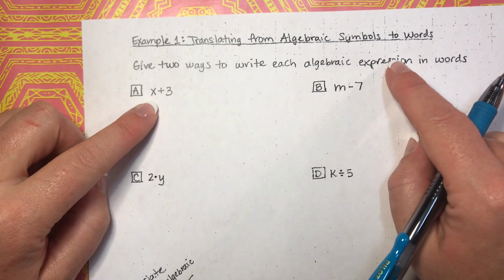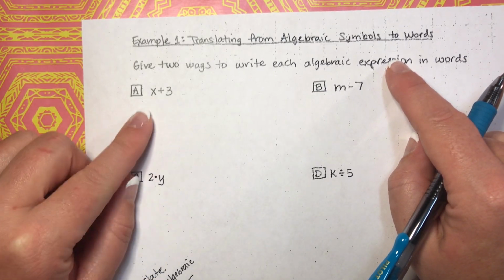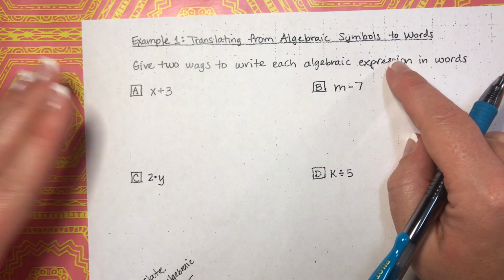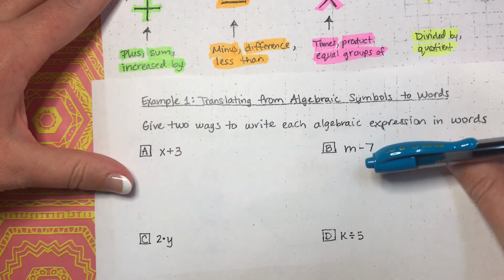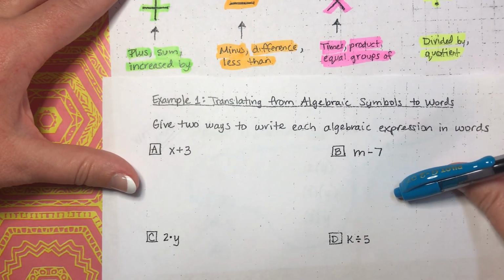So right here we have this algebraic expression, and how can we write that? Well, what are our key words? If we look back here for addition, we have plus, sum, and increase by.